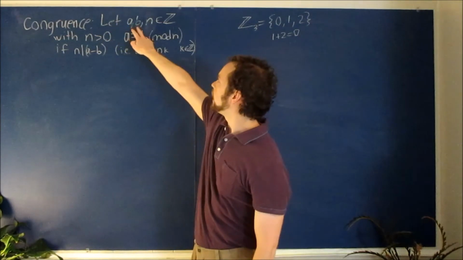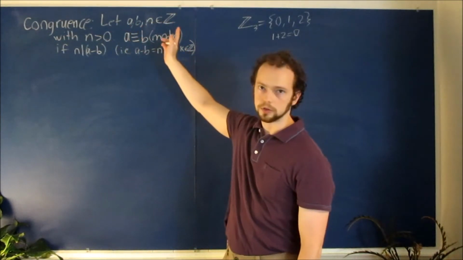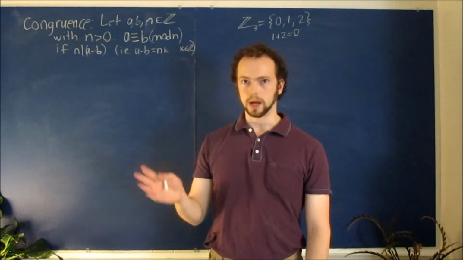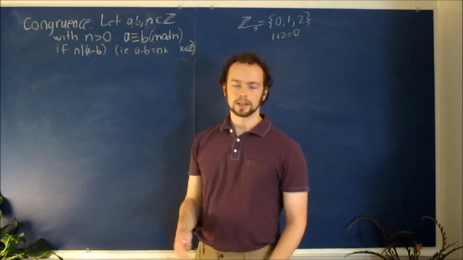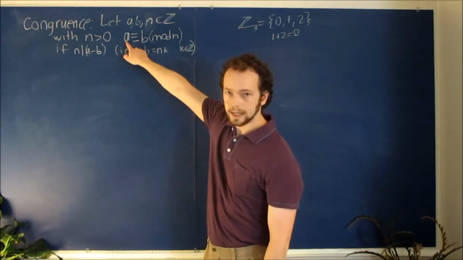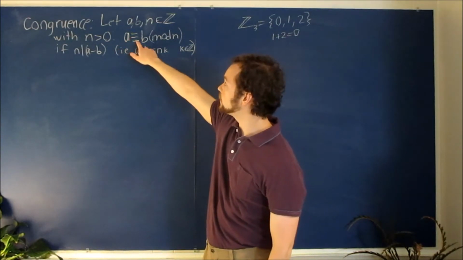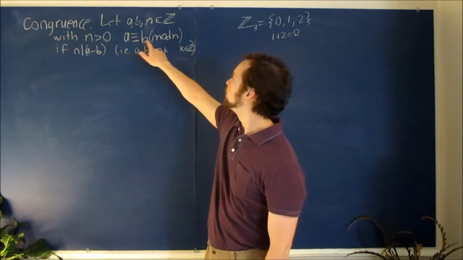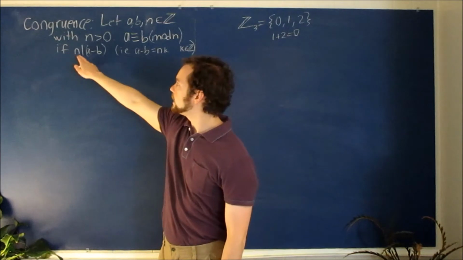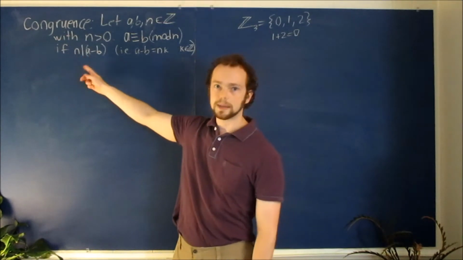If we have a, b, and n, all integers, with n greater than 0. So n has to be a positive integer, but a and b can be any old integer. We say that a is congruent to b modulo n if n divides a minus b.